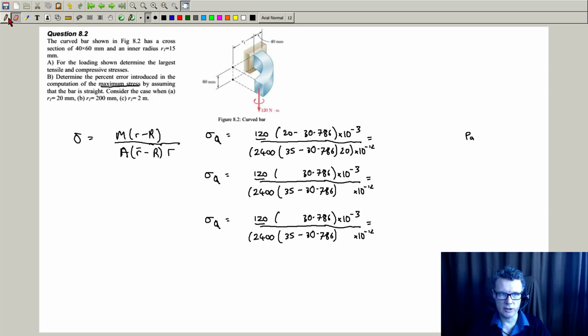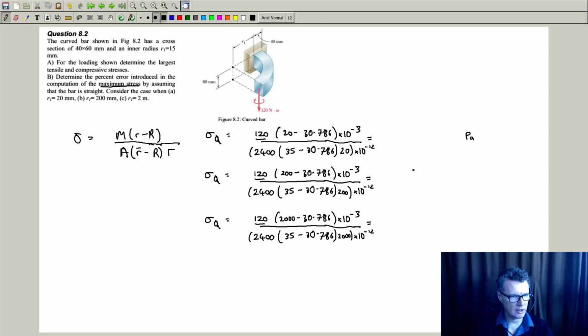It's a bit tedious, I don't want to write it all out again. Notice I'm working in millimeters, so I've got my 10 to the minus 3 there. 200 goes in here, 2000 goes in here. I cannot be bothered to do the calculations, so I'm just going to quote them.